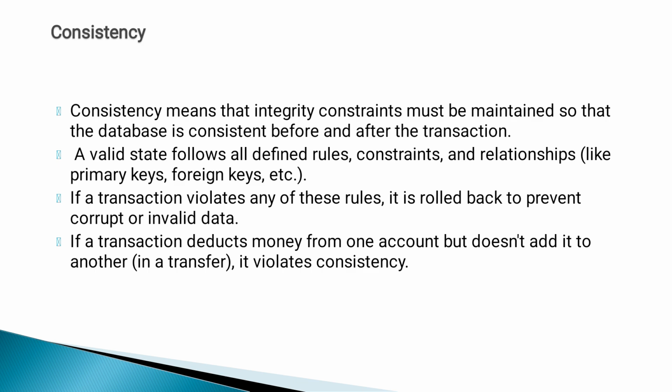The consistency follows the rules, constraints, and relationships. Relationships means primary key, foreign key, etc. In consistency, if the transaction violates any rules, it rolls back to prevent corrupt or invalid data. If a transaction debits any money from an account and does not add it to the other account, it violates consistency.